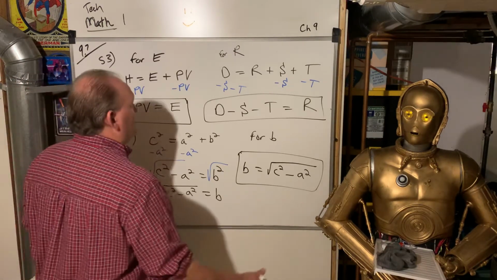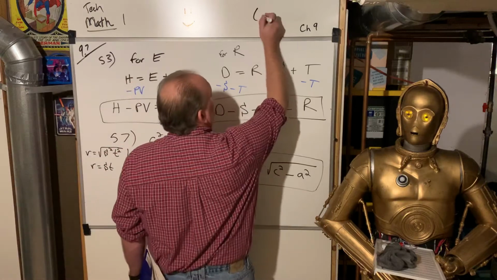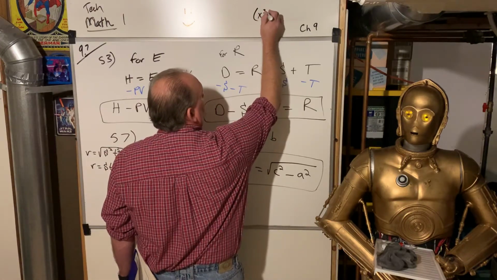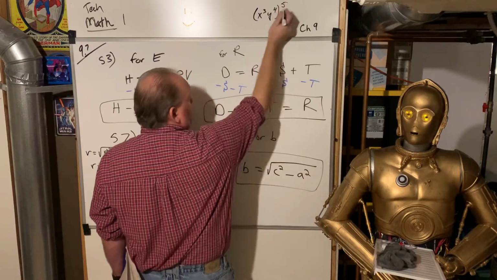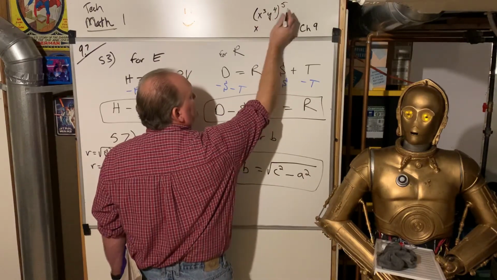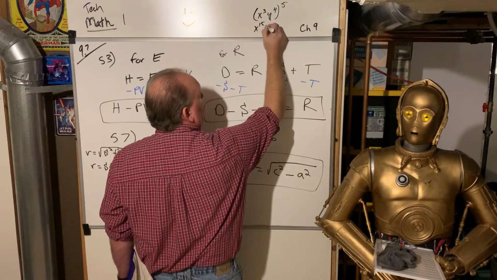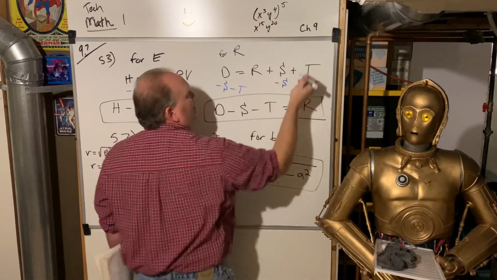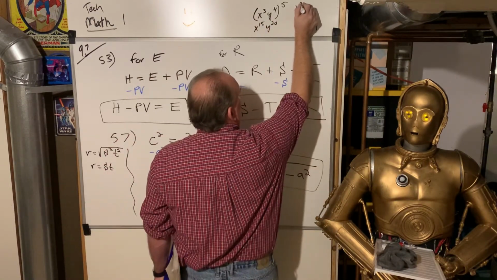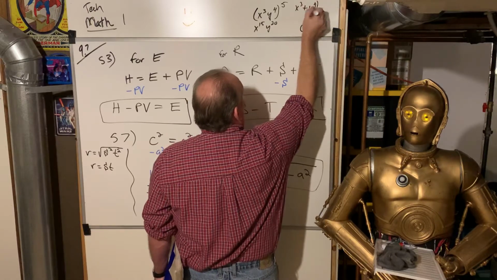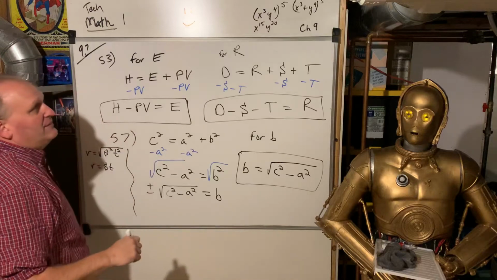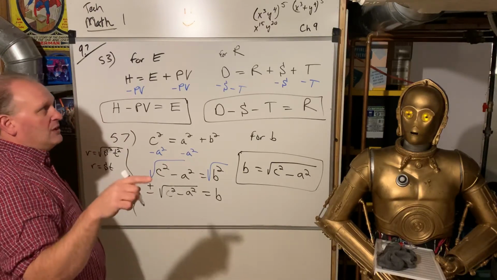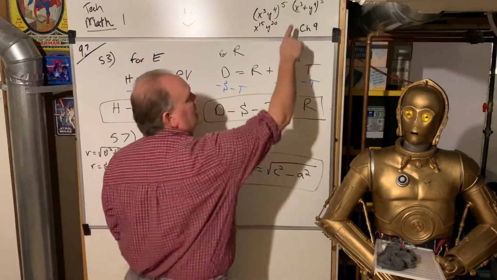It's the same rationale behind this. If you had x to the third, y to the fourth, quantity to the fifth, you could do that. You could say, oh, that's x to the 15th and y to the 20th. That would be fine. But if you had x to the third plus y to the fourth raised to the fifth power, that would be a very different problem because you can't distribute a power over a plus or a minus sign.